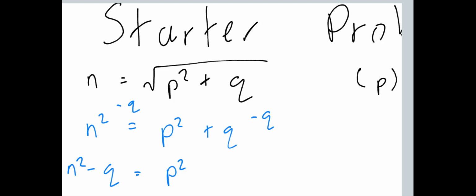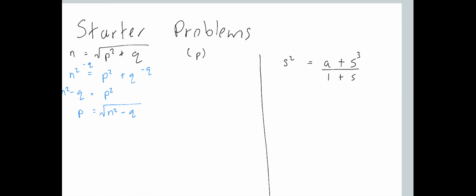And then I'm not looking for p squared, I'm looking for p. So I have to square root both sides. So I'm left with p on one of the sides. I've just switched sides at the same time, and I've got the square root of n squared minus q on that side. So give yourself a big tick of satisfaction if you got the square root of n squared minus q. And if you didn't, just make sure you've highlighted it to come back to.